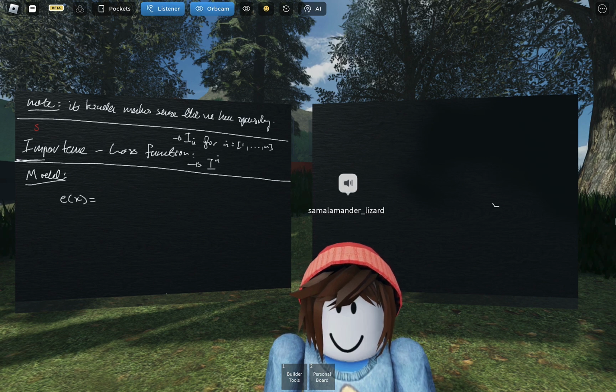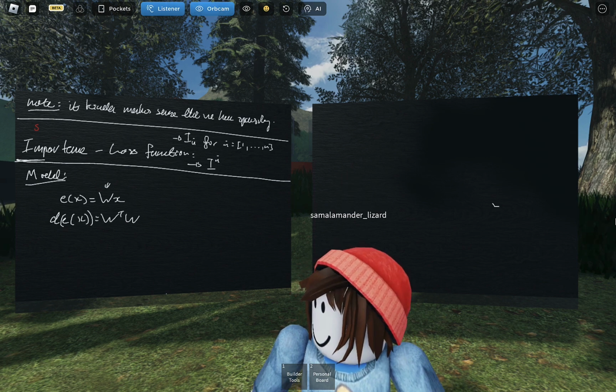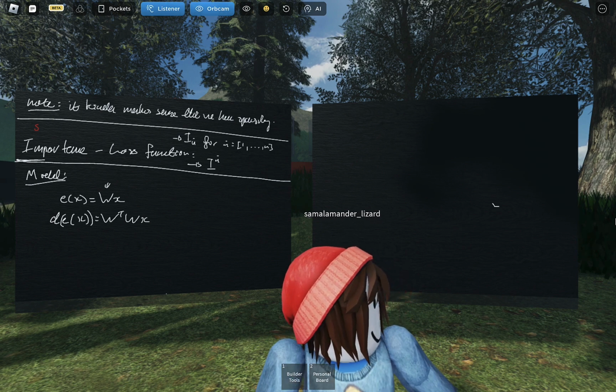So the encoding part of it is just multiplication by some parameter matrix, and the decoding part is, I think, oh yeah, there's a bias.